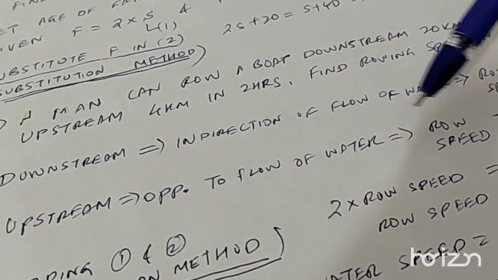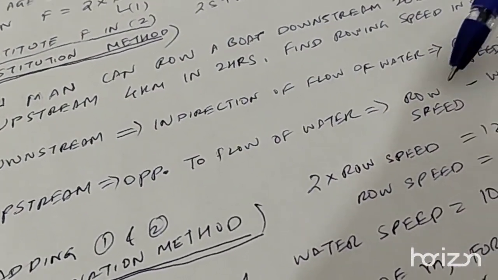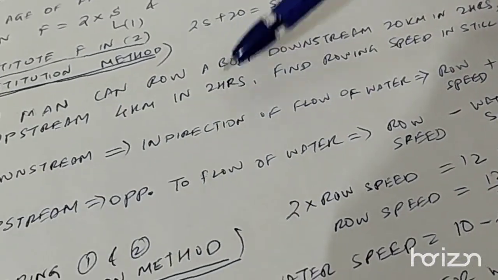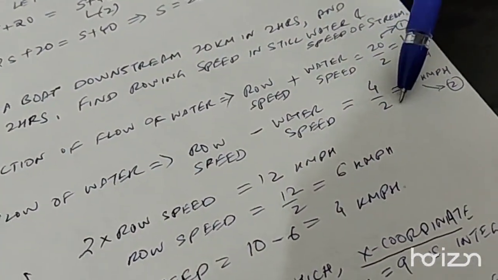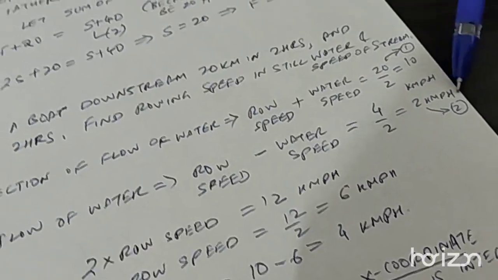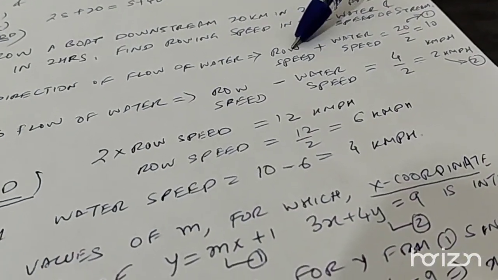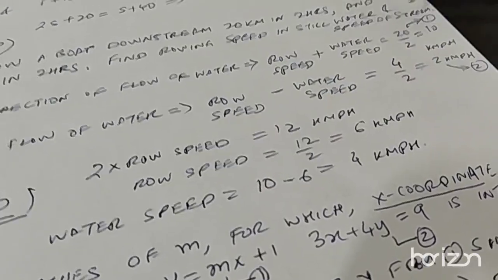Similarly, upstream means it is opposite to the river. So your rowing speed minus the water speed will be, what is the speed? 4 kilometers in 2 hours means 4 by 2, that is 2 kmph. So when you are rowing along the river, the speed will be row speed plus water speed, that is 10 kilometers per hour.